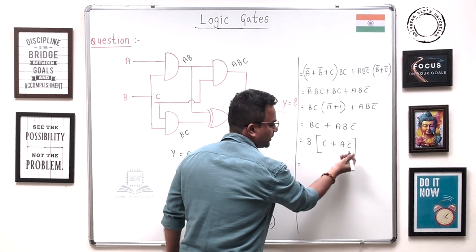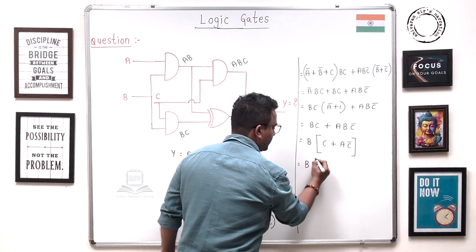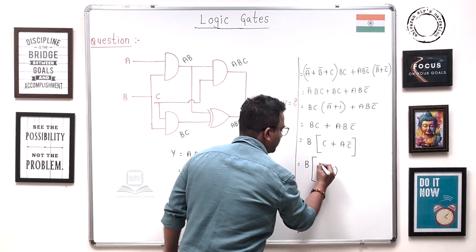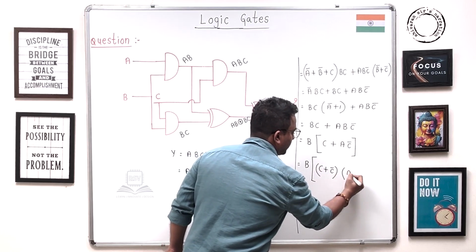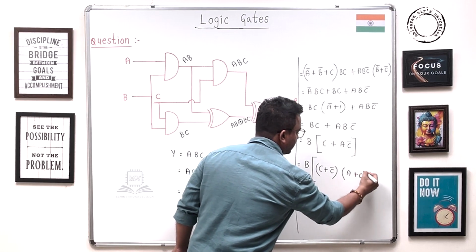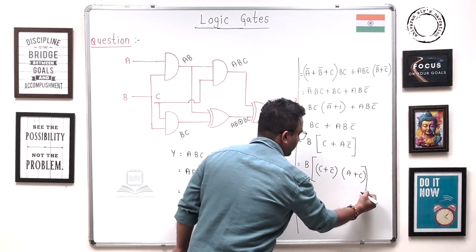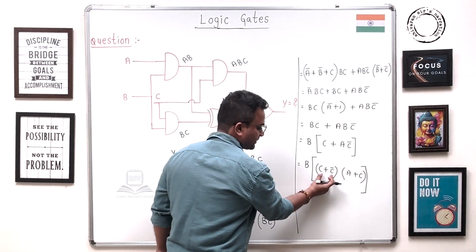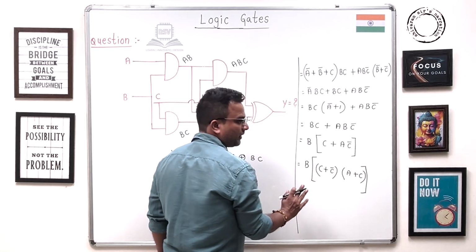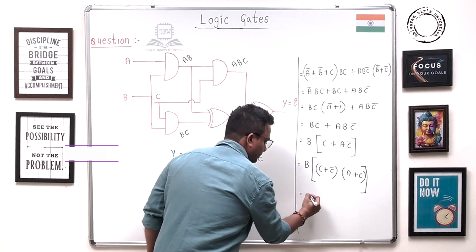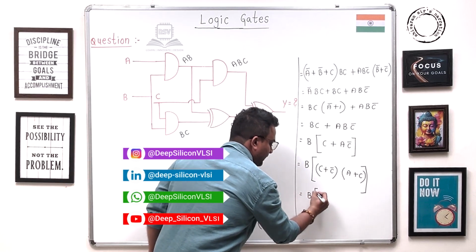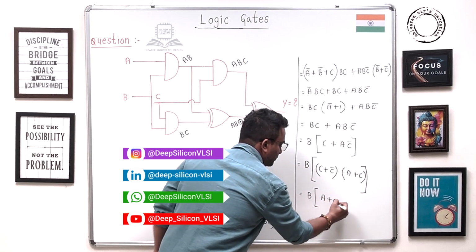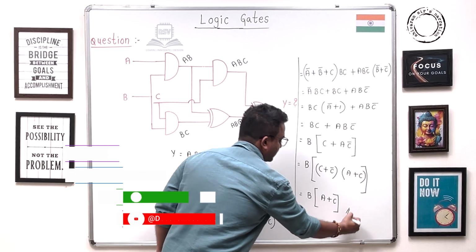Again here by using the distribution theorem, you can rewrite it as (C plus C bar) into (A plus C). Anyway, C plus C bar becomes 1. Hence here the final minimized Boolean expression is B into (A plus C).